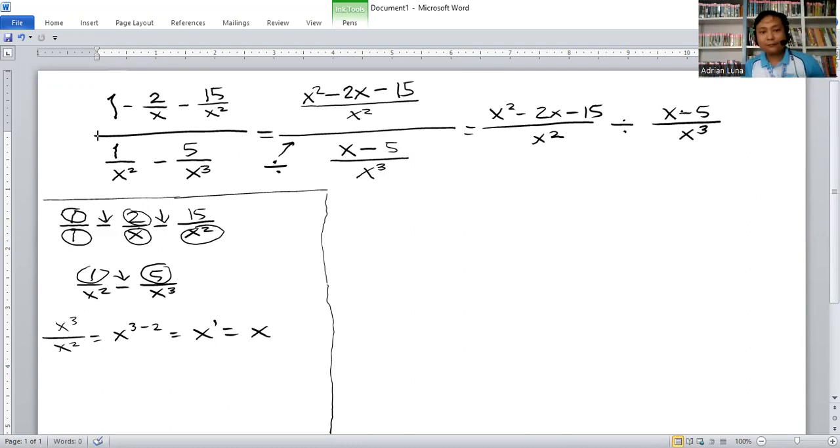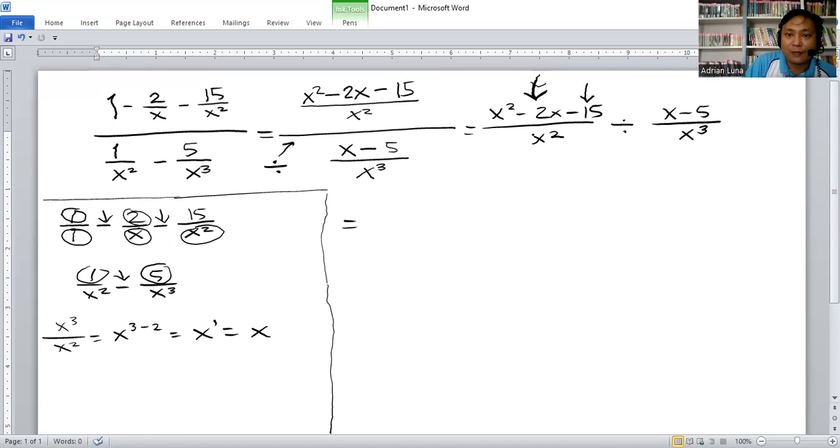All right. Let's represent yung numerator ng unang rational expression into its factors. So we are going to look for factors of negative 15 that when we add those factors, it should be equivalent to negative 2.